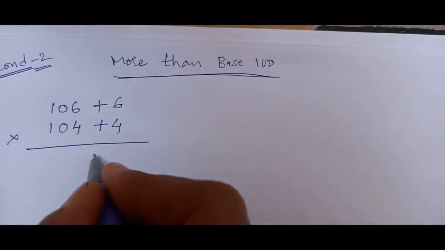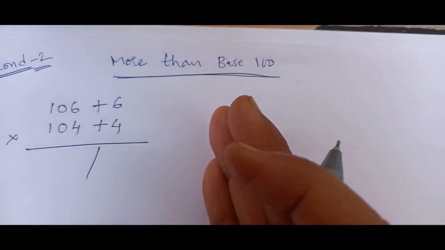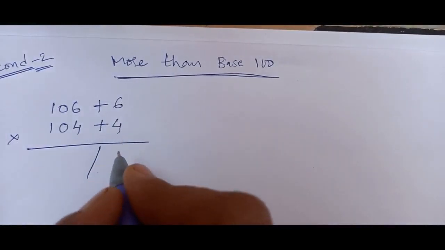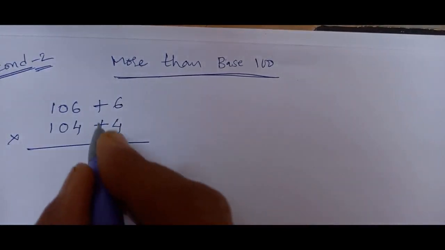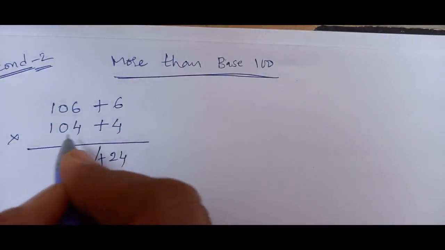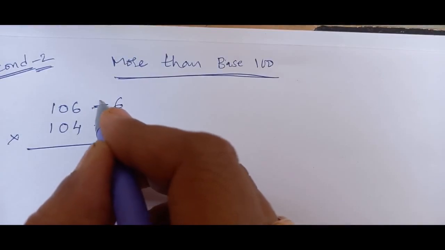Here also we need to write the answer in two parts: one is the right hand side part, another one is the left hand side part. So 6 into 4 is 24. Plus into plus, plus only. Next, 104, here you need to add, because here we have the plus symbol, no?